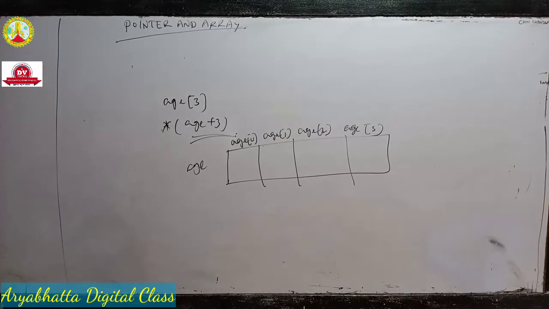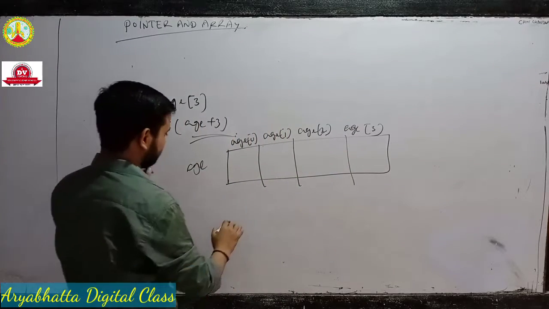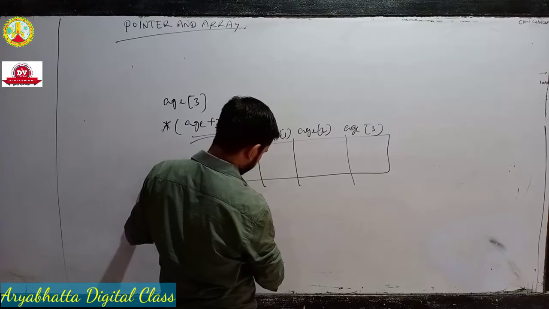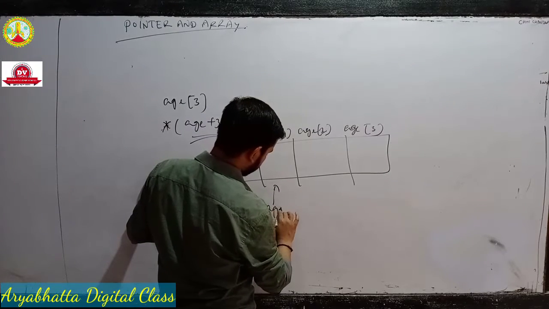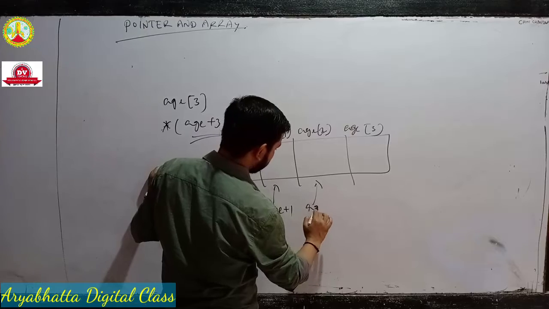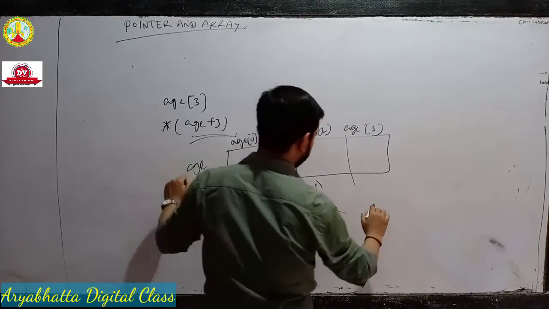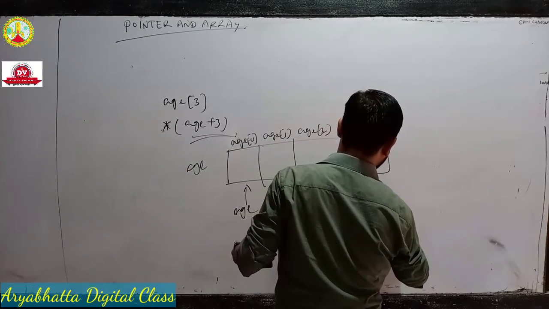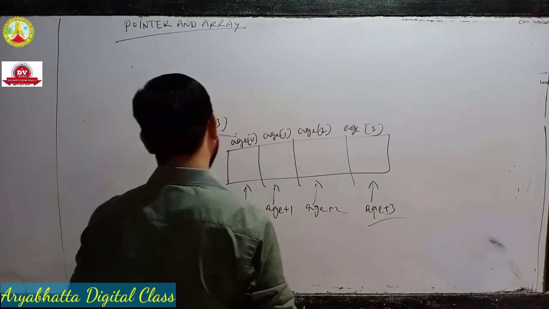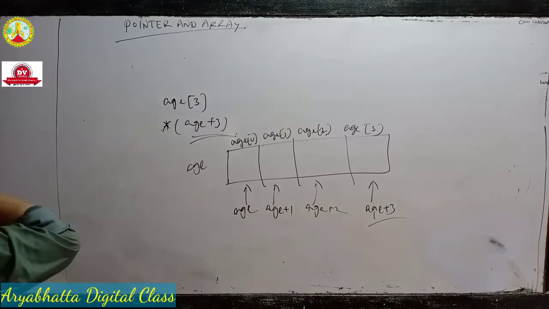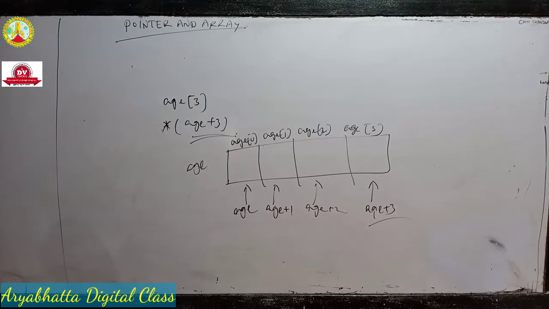Means you can write like this: S plus 1, S plus 2, and you can write like this, S plus 3. Same concept. One concept I show you, how it is accessing.